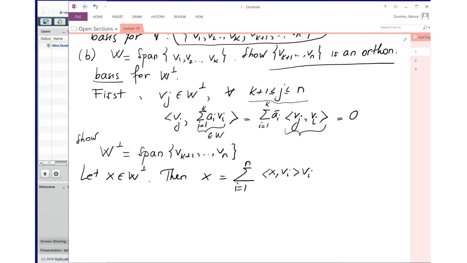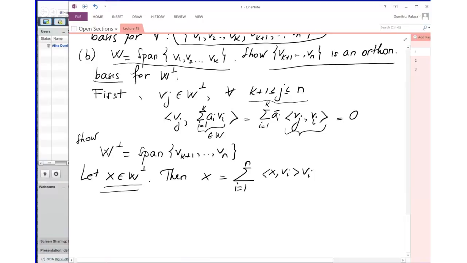Okay, but if I look inside this sum from 1 to n, and I concentrate on the first k terms, so the inner product between x and v1 up to the inner product between x and vk, they will all be 0. Why is that? Because x is in W perp, so it's orthogonal to anything coming from v1 through vk.